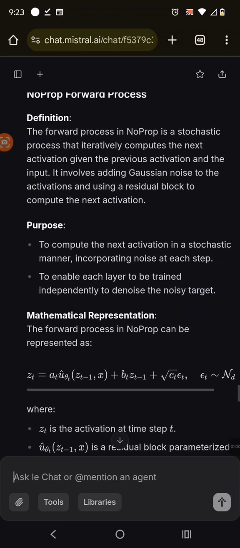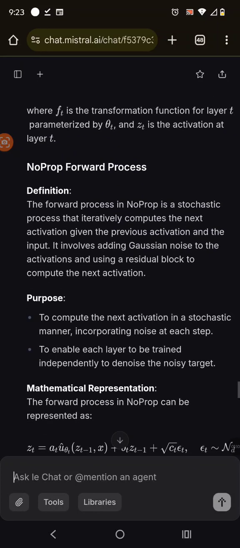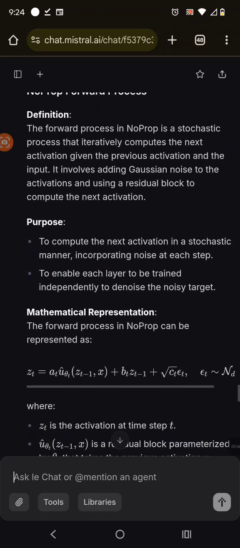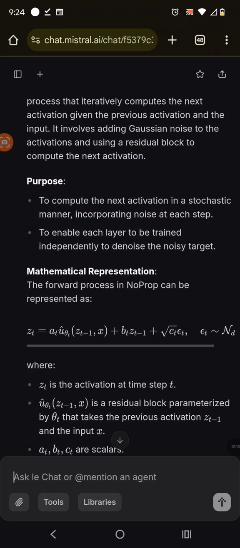For NOPROP, the purpose is to compute the next activation in a stochastic manner, incorporating noise at each step to enable each layer to be trained independently to denoise the noisy target. But it still depends on the previous layer, right?